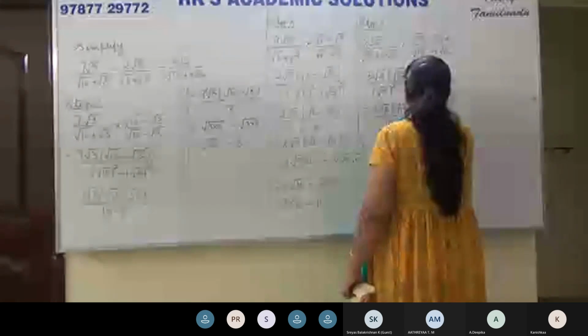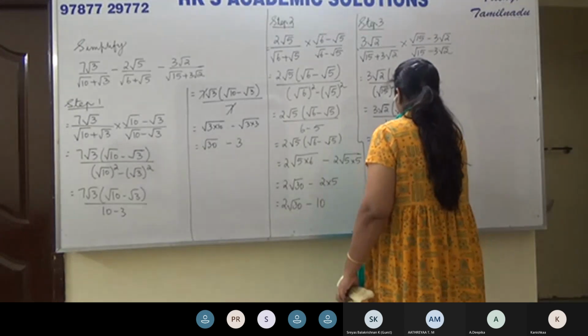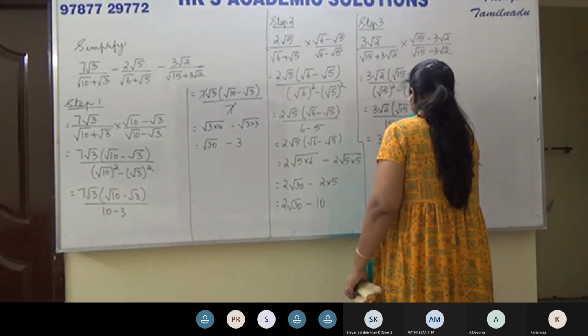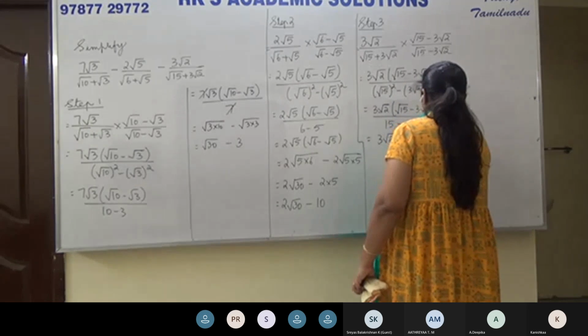I went wrong here. 3 squared is 9, 9 twos are 18. Correcting that.